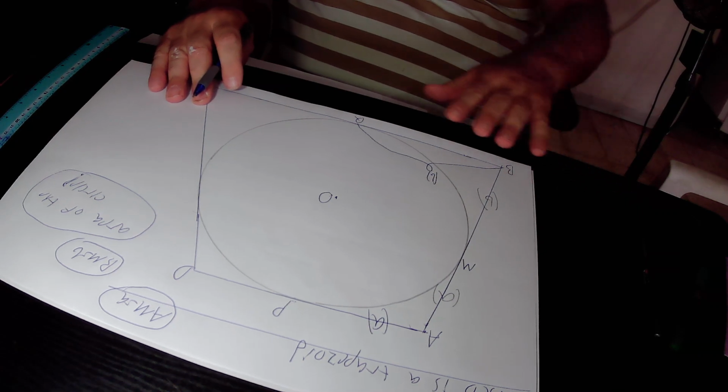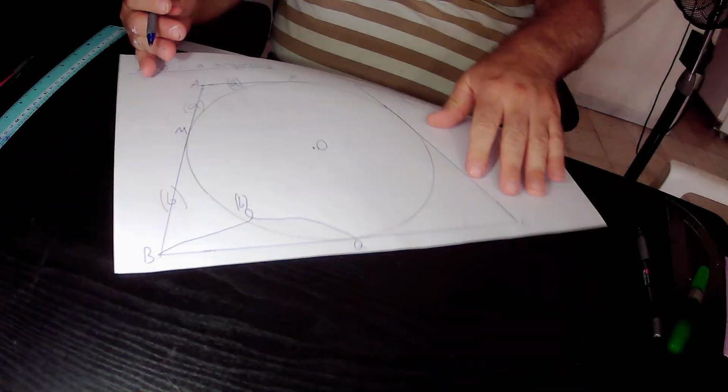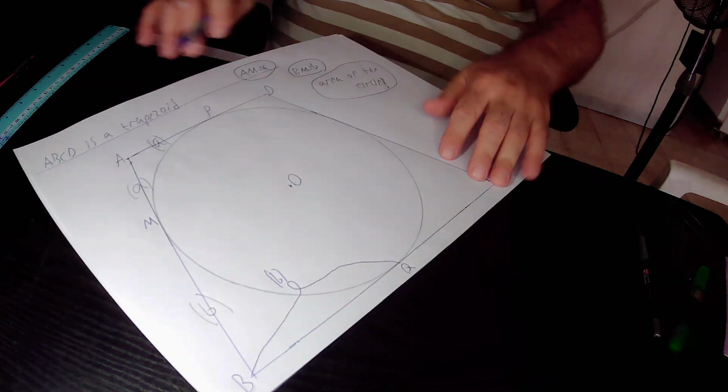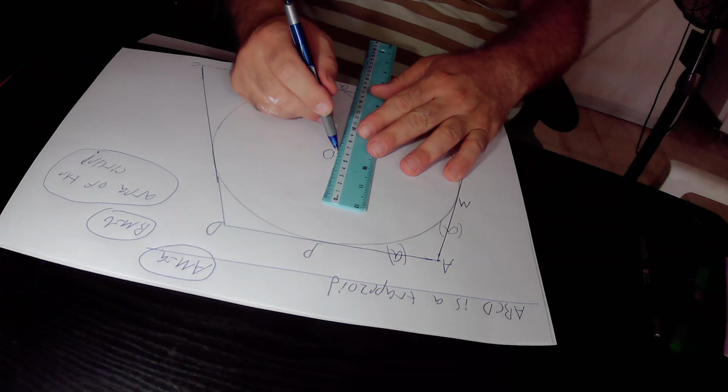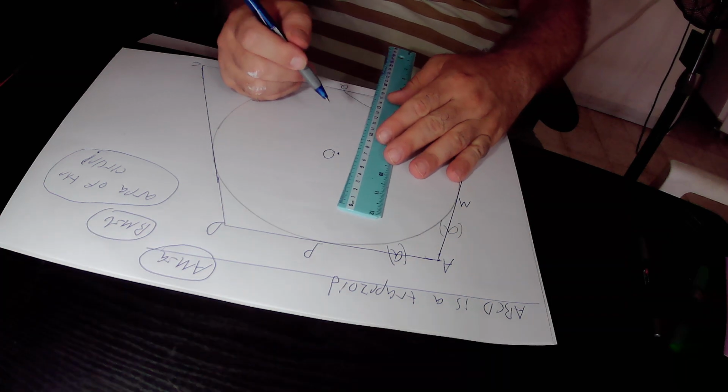In the next step, we join points O and Q together by a straight line. What is the definition of line segment OQ?